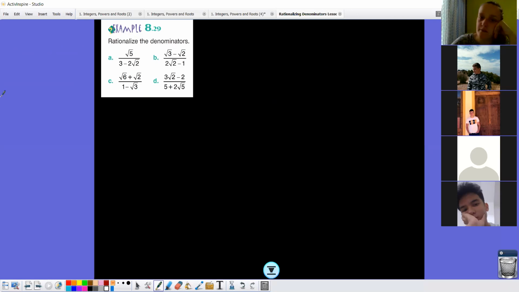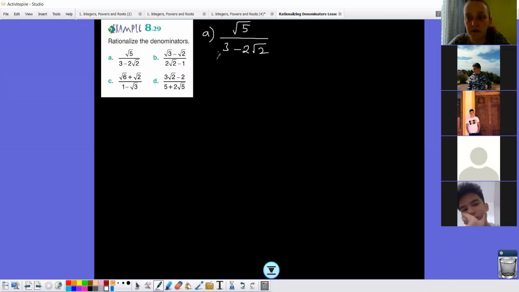Now here we have some examples, and the question is to rationalize the denominators. I will do A first for you, then I will give you time to solve the others, to check if we can solve them. I have root 5 over 3 minus 2 root 2. As you see, I have a binomial in the denominator, two terms.